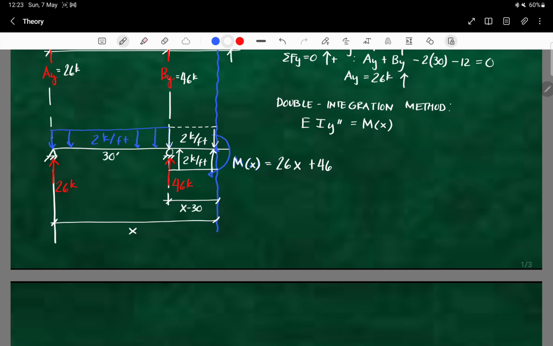So pag makikita ka ng ganitong term, yung mga x minus 30 or x minus a, where yung a is any arbitrary constant, dito papasok si Macaulay bracket. Okay? So we have this Macaulay bracket. Sa mga term na to, nilalagyan natin yan ng Macaulay bracket.